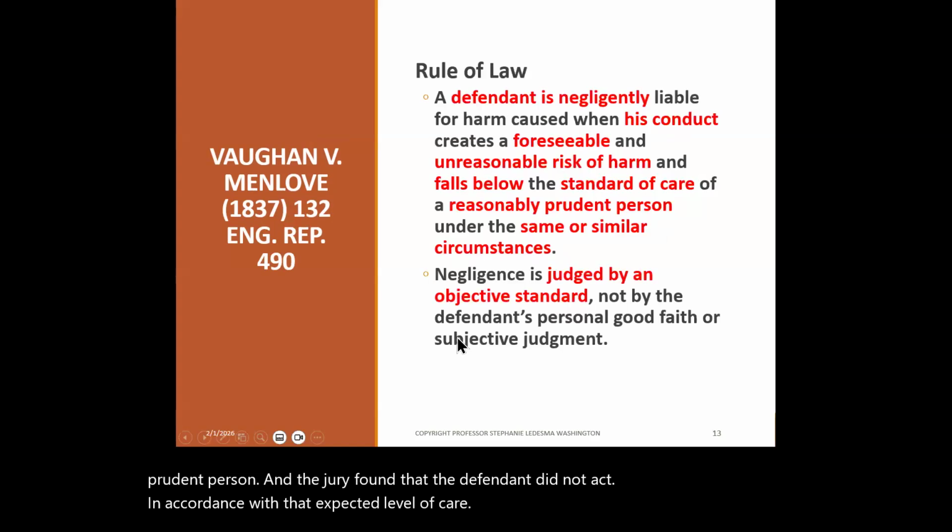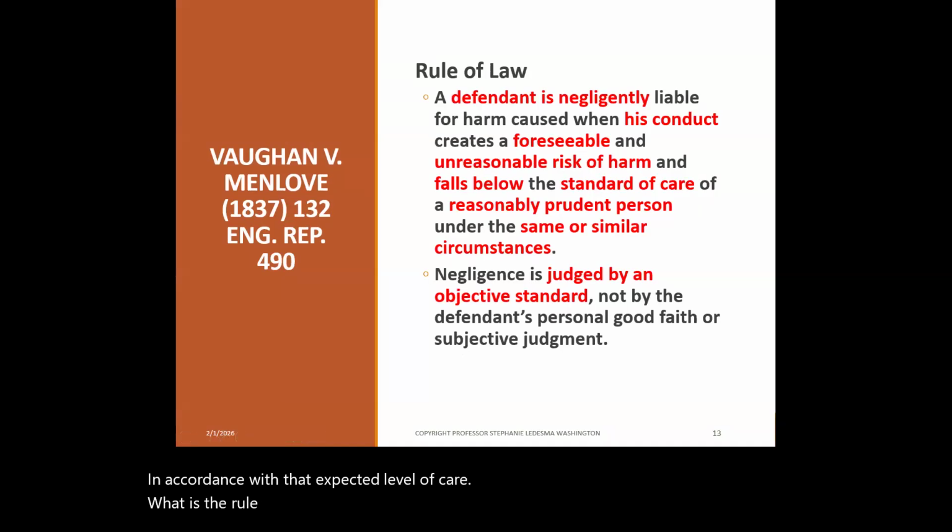What is the rule of law that comes out of Menlove that is still good law? A defendant is negligently liable for harm caused when his conduct creates a foreseeable and unreasonable risk of harm and falls below the standard of care of a reasonably prudent person under the same or similar circumstances.